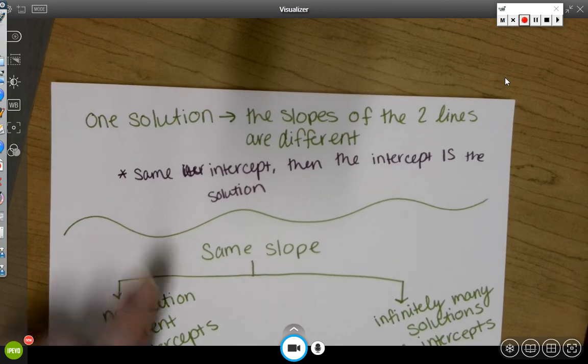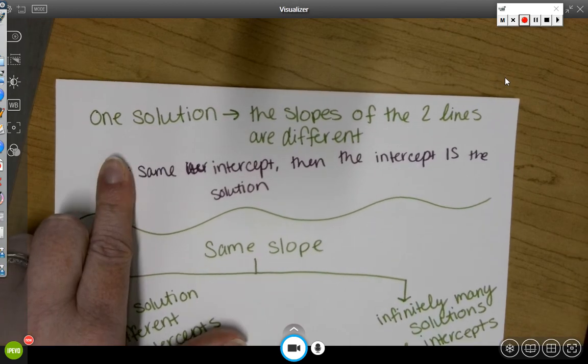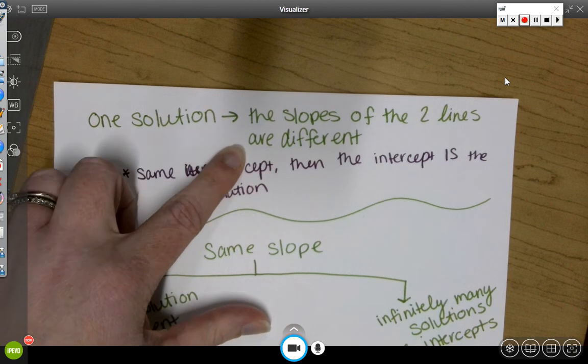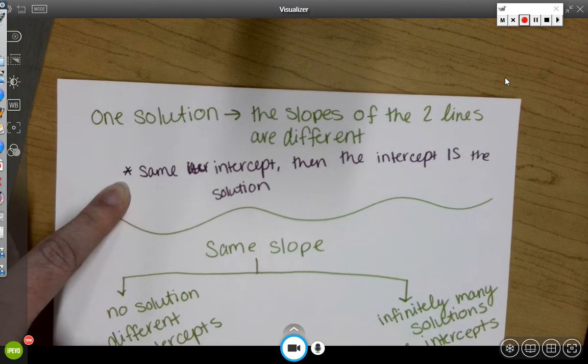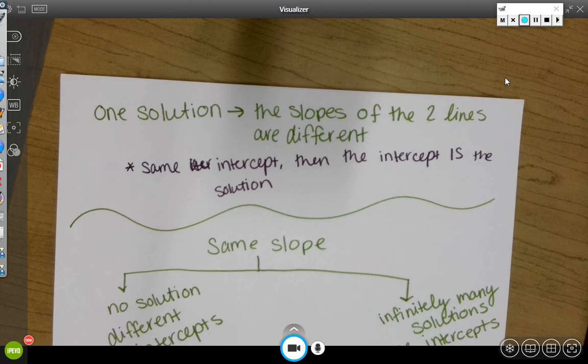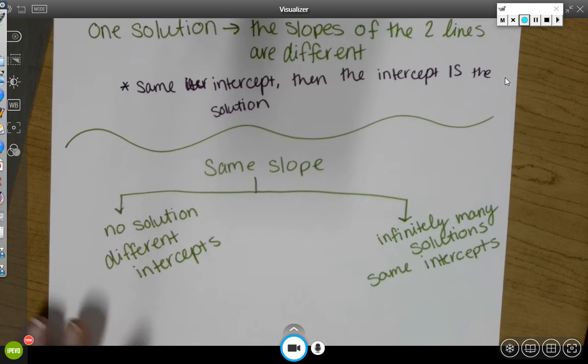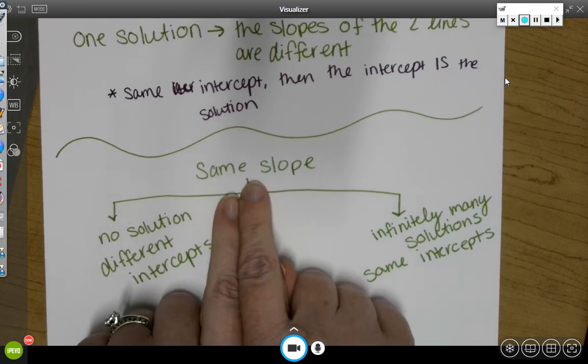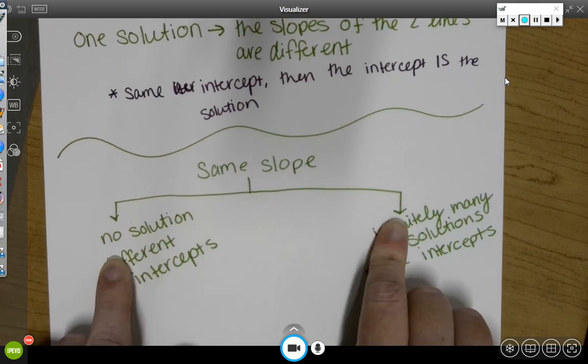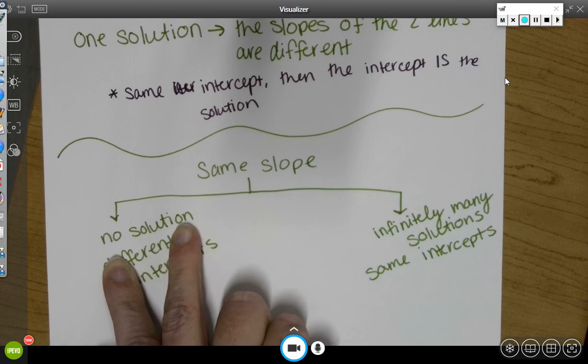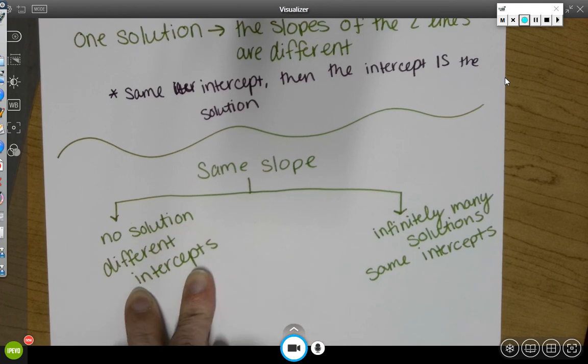Okay, so just to sum up, if it's one solution, the slopes of the two lines are different. If it has the same intercept, then the intercept is the solution. So, boom, we've been doing one solution forever. That's all we've been working on. Now, if you've got the same slope, this is where it branches off. If you're looking for no solution, it's going to have different intercepts.